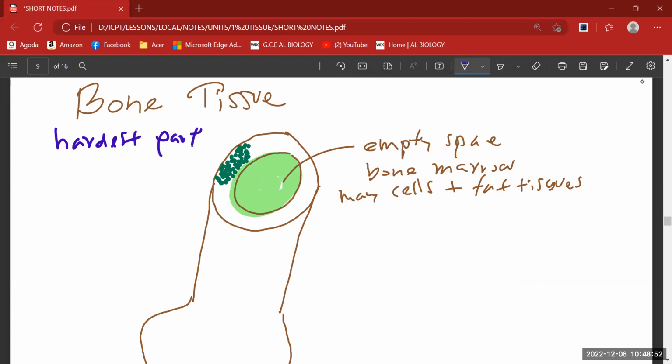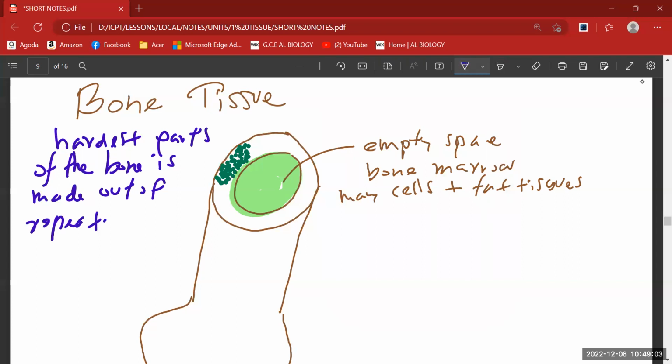The hardest part of the bone is made out of repeating units.